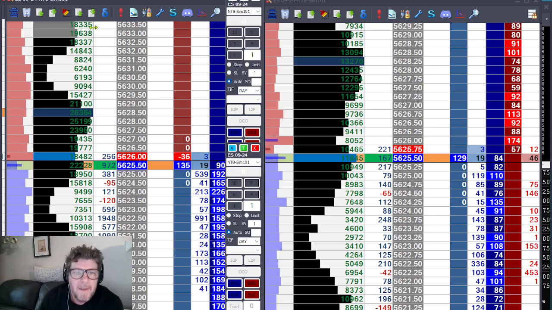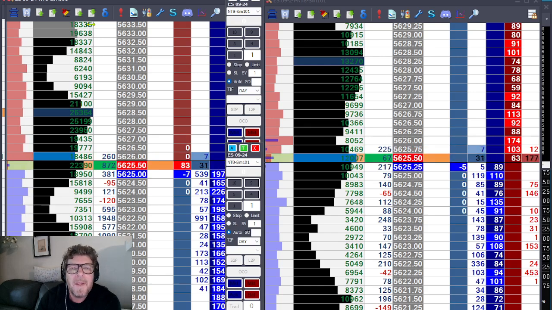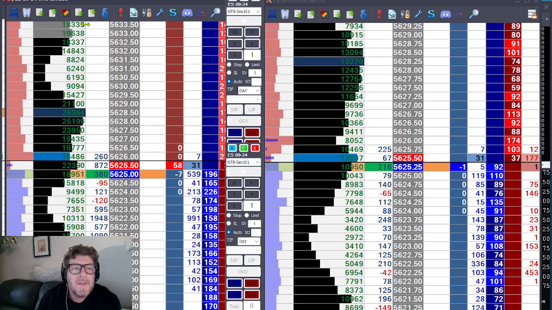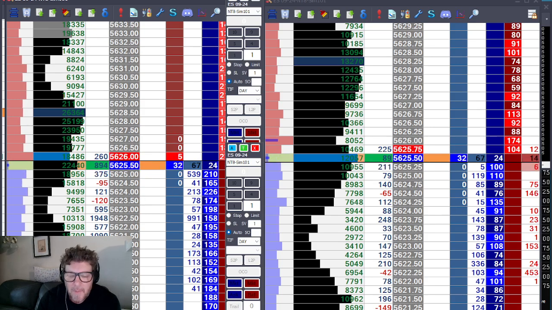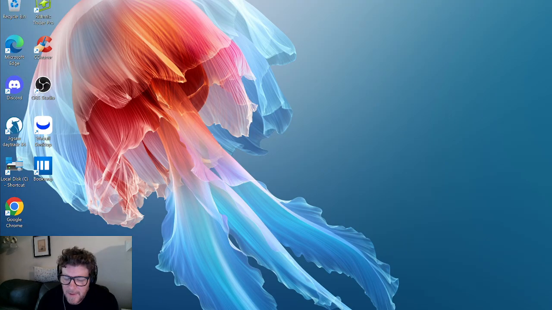I'm trying to do a little recording here, and I'm getting a lot of lag on my computer, so I'm having trouble getting the panels to set. I guess you're looking at whatever screen that is. Let's see if I can pull up the other screen so you can see what I'm doing here.